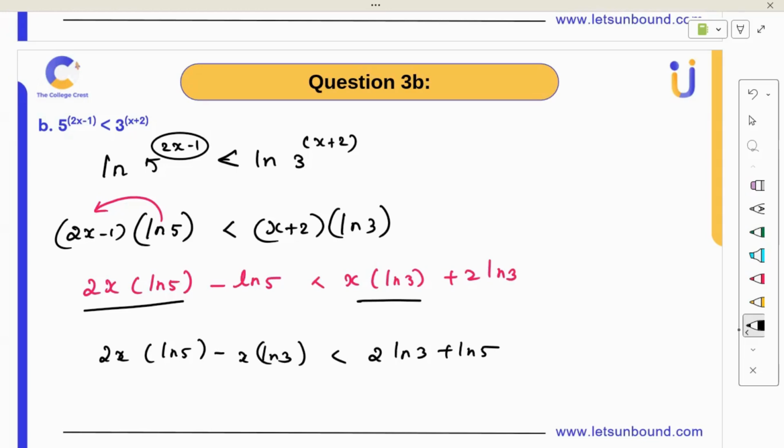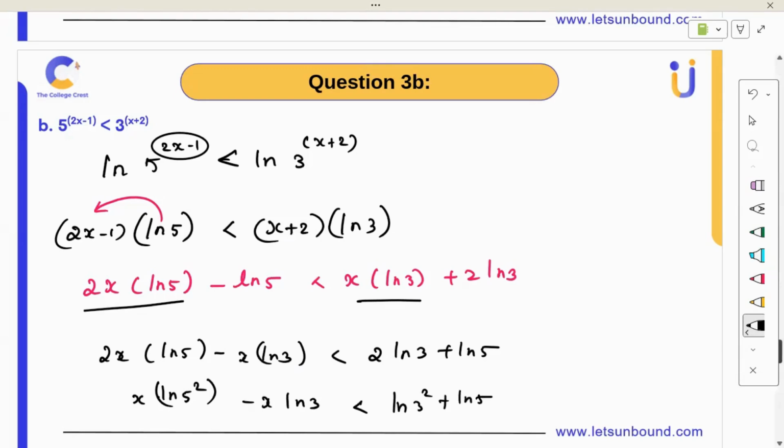Now I think we can take x common out, and we will have x times ln 5 squared minus ln 3, less than ln 3 squared plus ln 5.